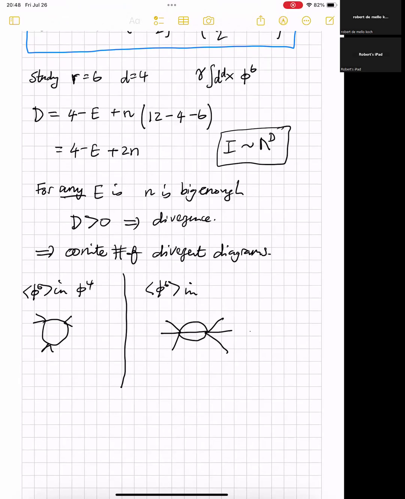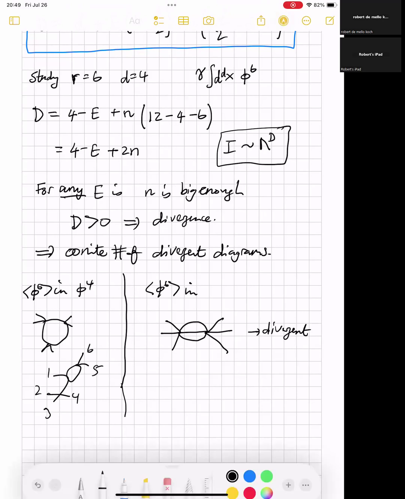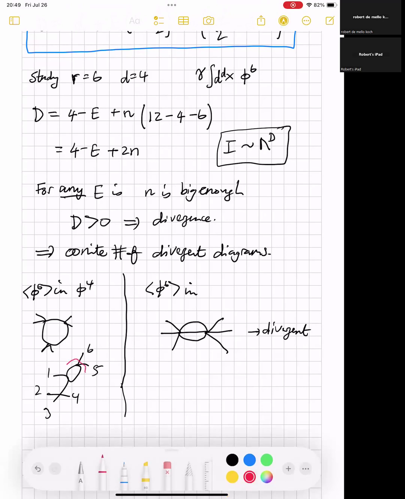And that really is divergent, and you can't blame this on some lower divergence. Like we said before, we could have stuff like this. So there's 1, 2, 3, 4, 5, 6 external legs. This was divergent, but that is something we saw already in the 4-point correlator. Well, this is new.